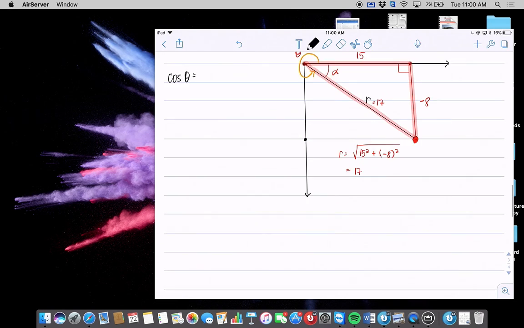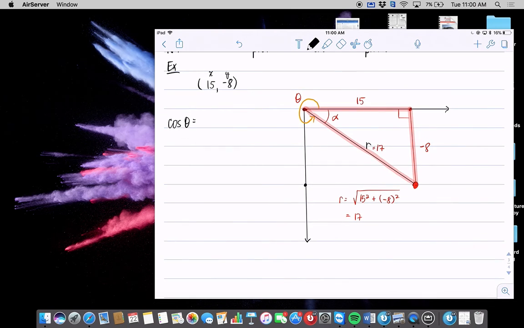So the x-coordinate is going to be 15, and the radius is 17, then cosine of theta is just 15 over 17. Of course, if you don't remember the x over r, just recall this is your angle, well, actually, I should put alpha. I'm sorry. Just recall that cosine of alpha is just going to be adjacent over hypotenuse. So we have 15 over 17.